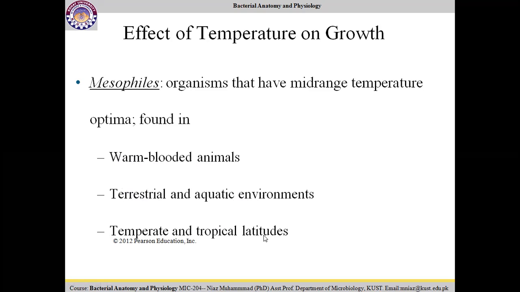So the number of mesophiles is very high. They can be found in most ecological niches of this globe, because most ecological niches have mid-range temperature.